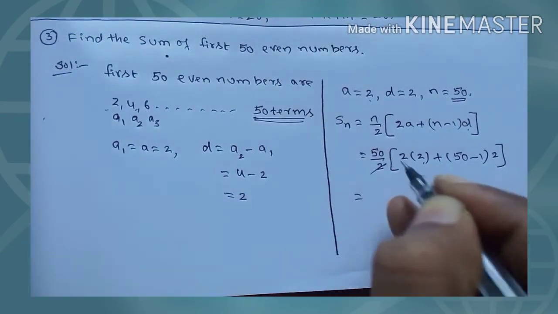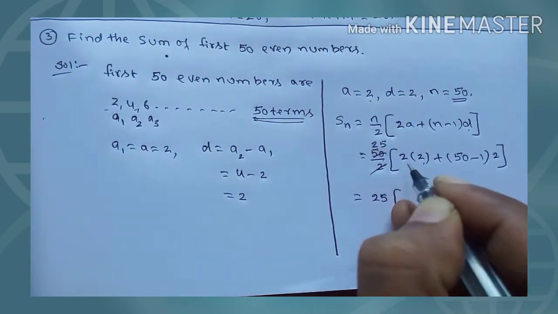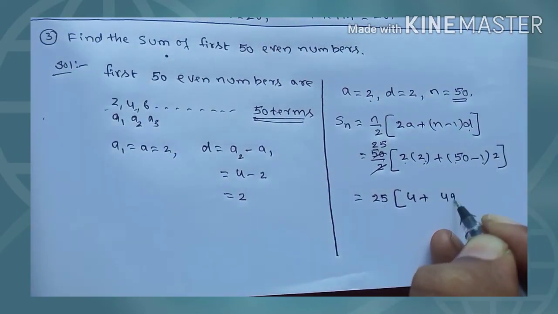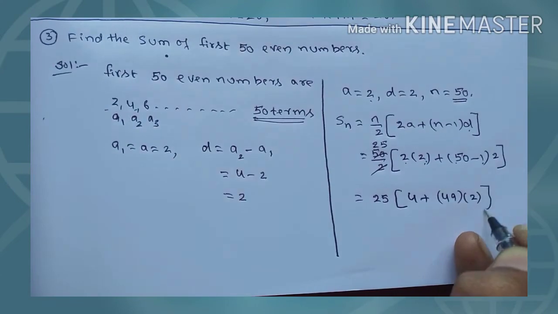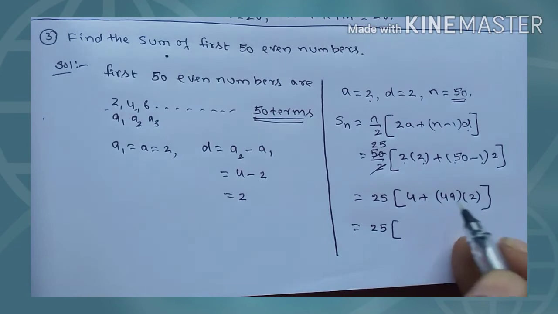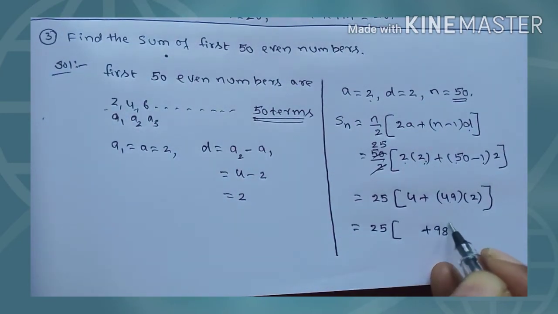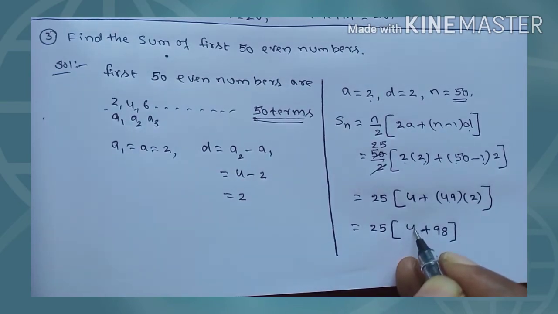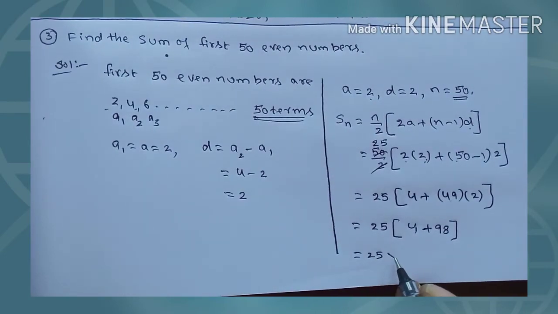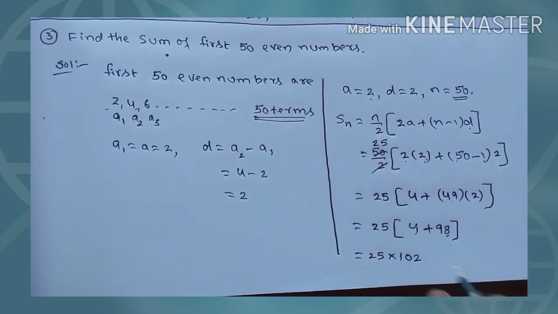So 2 table cancels, 2 ones are 2, 25 twos are 25 into (2 twos are 4 plus 50 minus 1, which is 49, times 2). So 25 into 49 into 2, 49 twos are 98. Here the value 4 is there. You have to add these two: 25 into (98 plus 4), which is equal to 102.